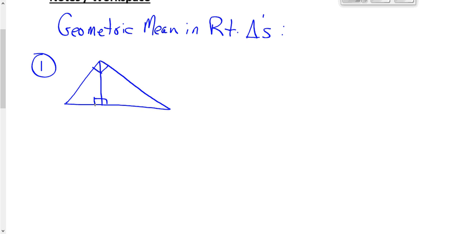Proportion, okay? Let me label some segments in here. Let me label the altitude here, in this first case, X. And then this smaller segment here, I'm going to call that A, and I'm going to call that B. In this situation, the first case, this altitude is the geometric mean between these two measurements here and here.